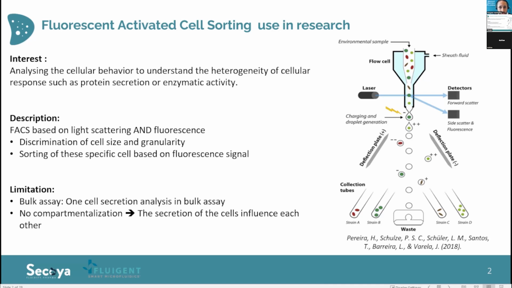And also, as I said before, the fluorescent signal based on an enzymatic reaction, for example, will allow to sort these specific cells based on the cell response. We will not go into detail on the FACS principle, but if you have questions, we will go back to it during the Q&A session.